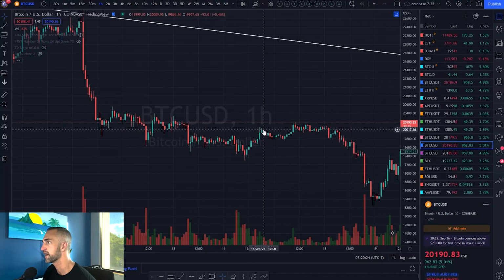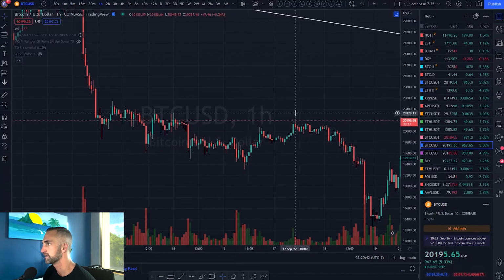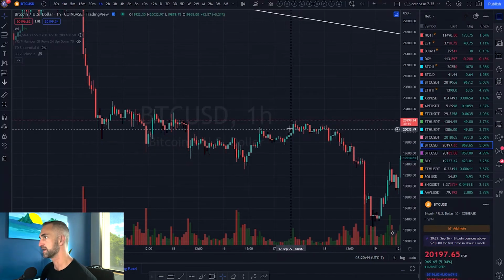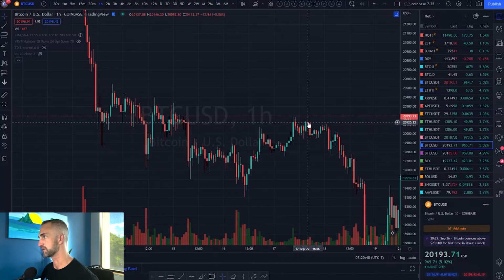Here's the first higher high, higher low, and a bit of a trend reversal on the hourly time frame. And I wouldn't have really confirmed it until we had this closure probably above this wick right there. That would have confirmed it for me, and you would have got a little upside move. But that downtrend, or excuse me, that uptrend didn't last very long. As you can see, we put in another lower high right there.